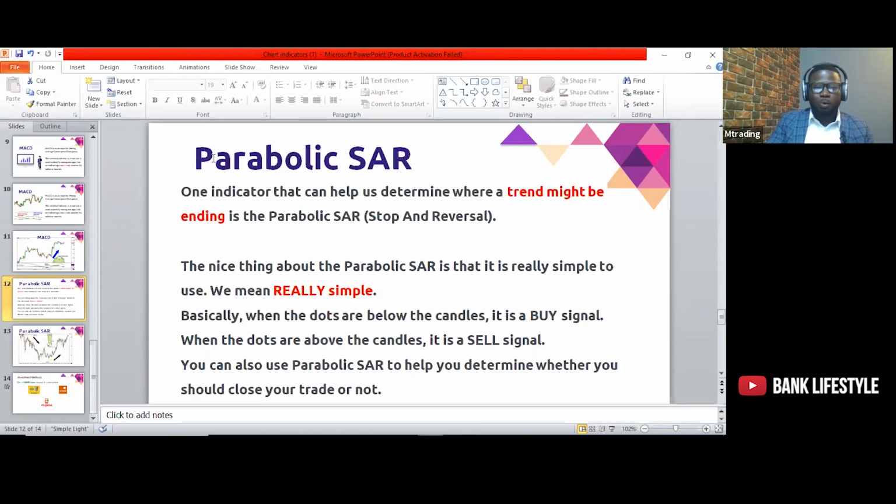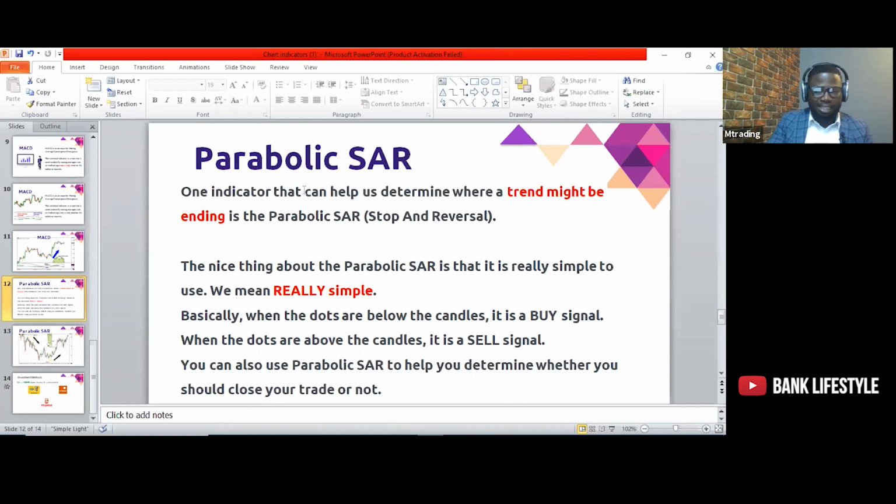So Parabolic SAR, I would say, is the first indicator I used in the market, or the first indicator I really understood how it works in the market. I like how simple it looks and how simple it works. I like how effective it works in the market as well.